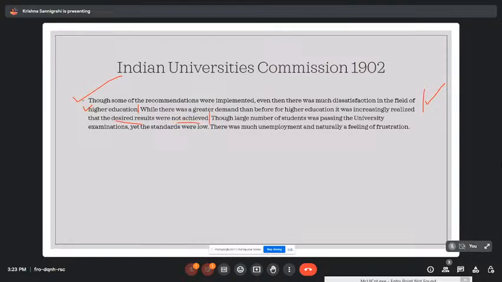Though a large number of students were passing the university examinations, yet the standards were very low, and that was the main concern. There was much unemployment, and naturally a feeling of frustration was generated, because the desired effect of having very good quality learned people in that particular country was not possible.